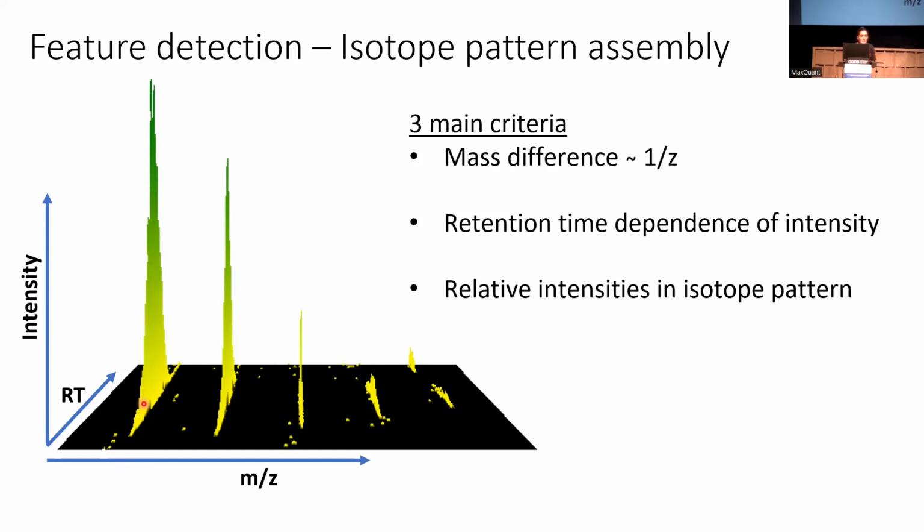Peptides have very similar distribution of elements, so that's why we can actually use that. When I say we expect a specific intensity pattern, I mean these heights: the height of the first peak, the second peak, and the third and the fourth, I expect to be in a specific way for a peptide at this specific M over Z. So these are the criteria, and if they pass all of these criteria, then I group all of these features together in one isotope pattern.